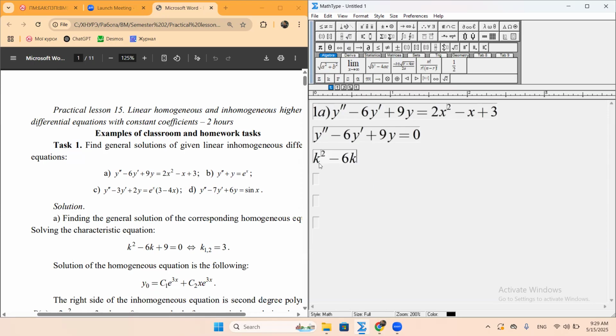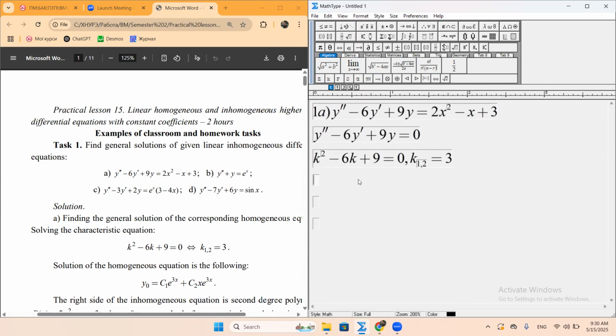So in our case, k squared minus 6k plus 9 equals 0. If we solve this equation, we see that the roots are equal to 3. So we have two same roots, one root with multiplicity 2.